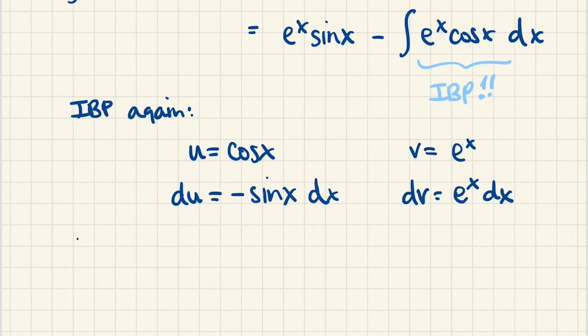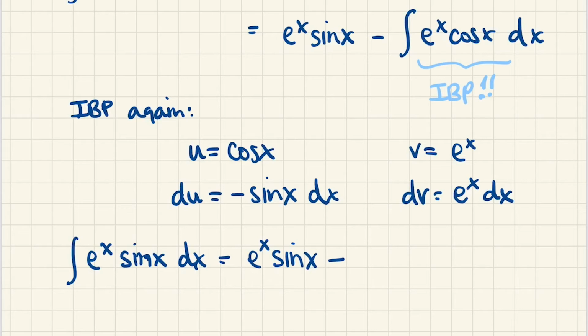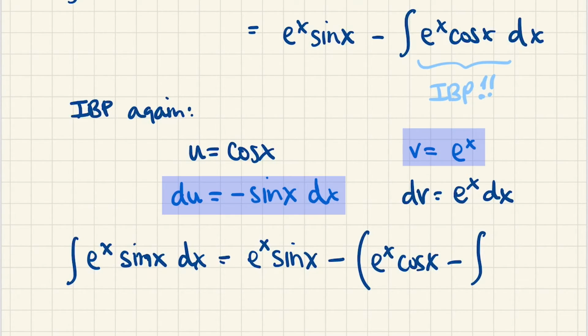Okay, so where are we here? Well, here's the original, the integral of e to the x sine x dx. So what is that equal to? Well, we've got this e to the x sine x term minus that intermediate integral, which is now ultraviolet voodoo itself. So that's going to be u times v, which is e to the x cosine x, minus a new integral of v du.